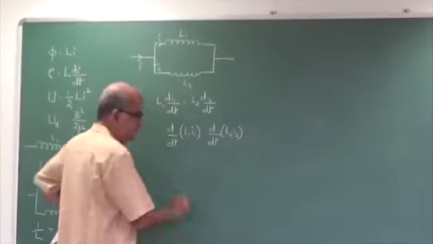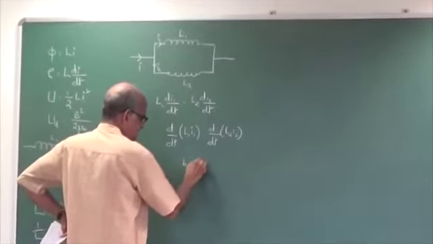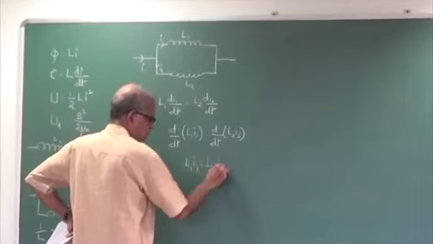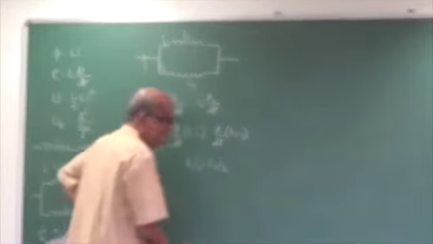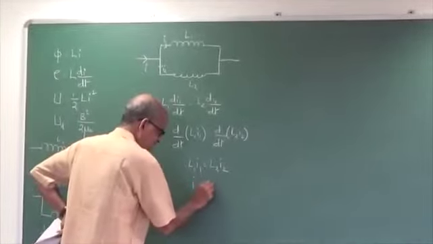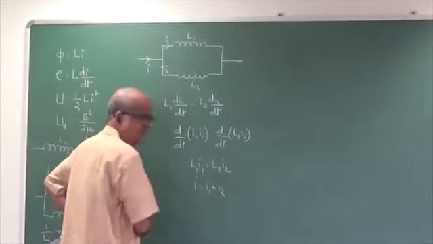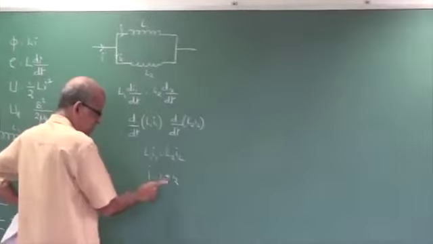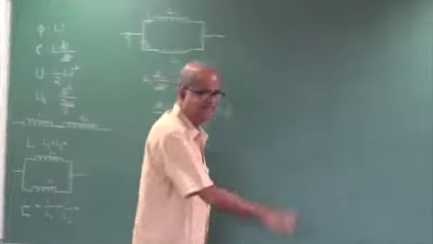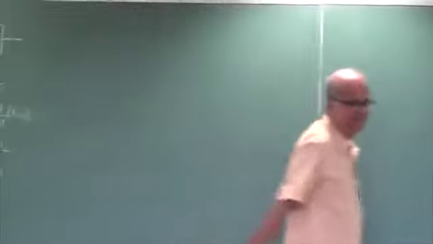Correct? Integrating, this is one relation. Another relation is, substitute for I2 as I minus I1. Get the expression for I1. Similarly, get the expression for I2. So what is the final result?